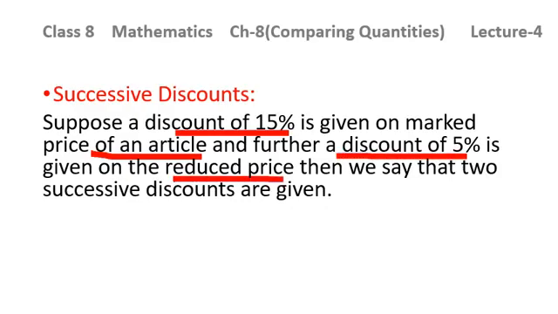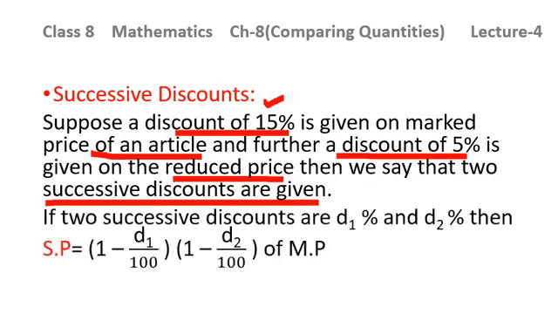First of all, you will be calculating the first discount, and then a discount of 5% is given on the reduced price. Then we say that successive discounts are given.